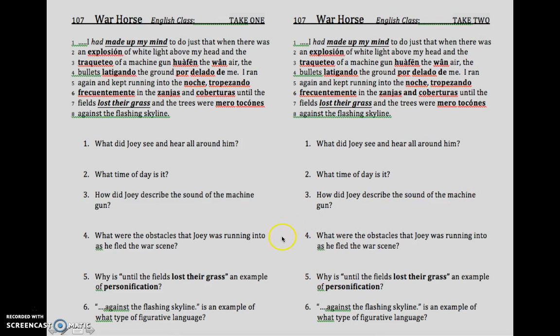So that was that activity, just for you to try to answer these questions in both challenges and both takes to see how much clearer the picture can be for you when there's more multisensory going on for them.